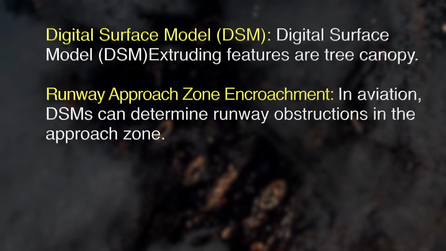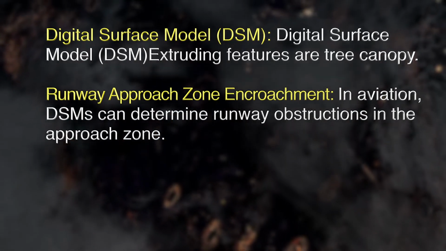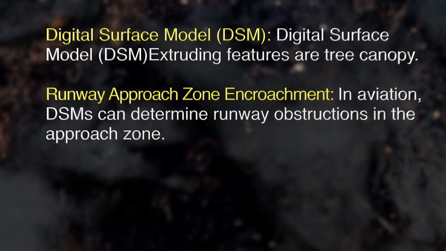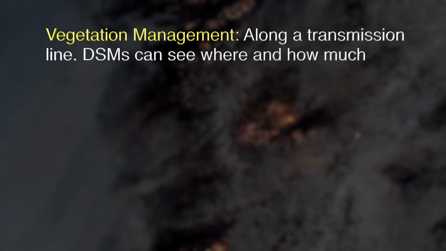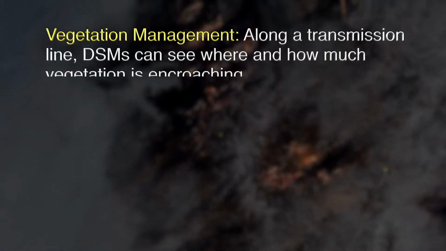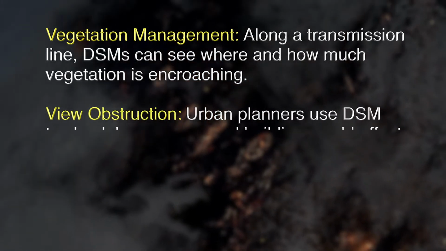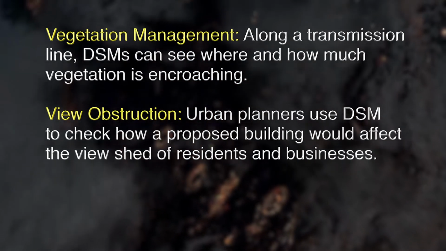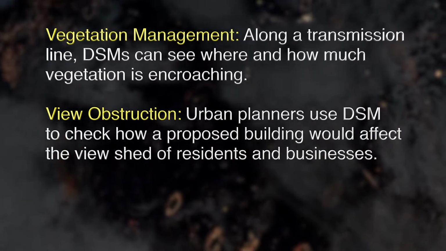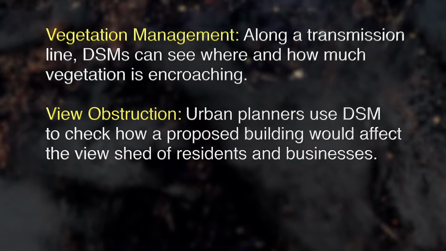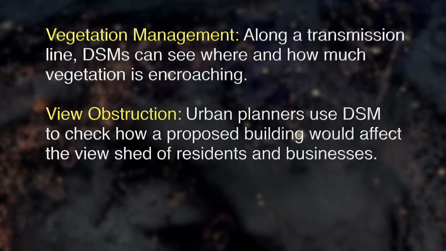In aviation, DSMs can determine runway obstruction in the approach zone. Vegetation management: along a transmission line, DSMs can show where and how much vegetation is encroaching. View obstruction: urban planners use DSM to check how a proposed building would affect the view shed of residents and businesses.